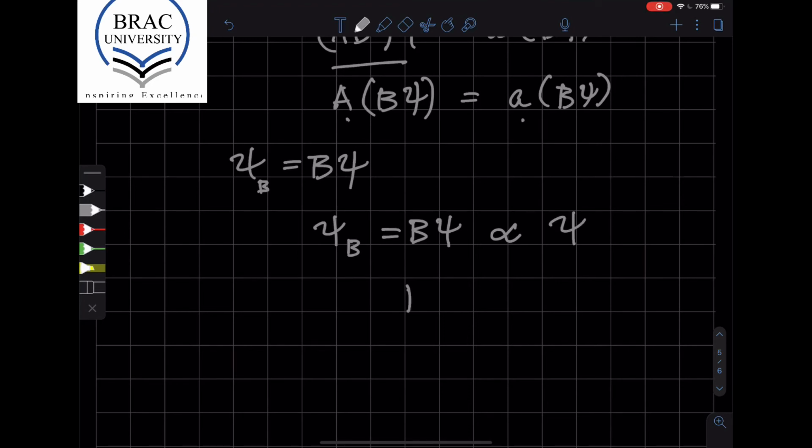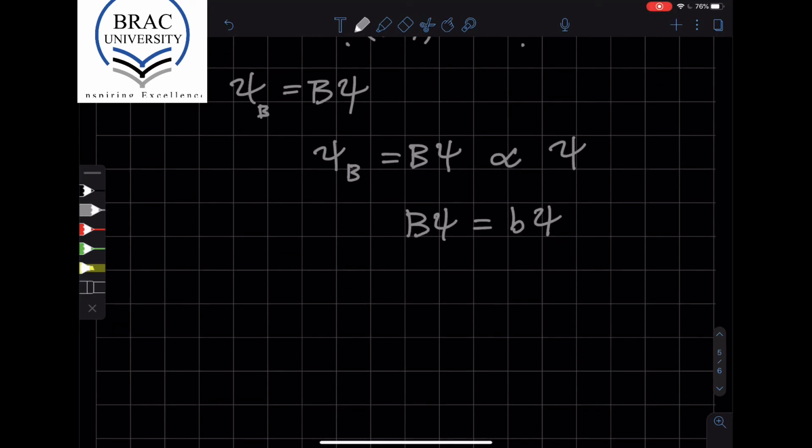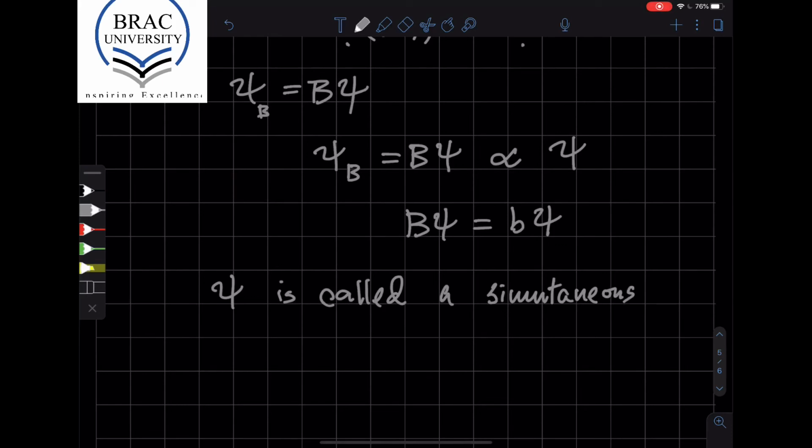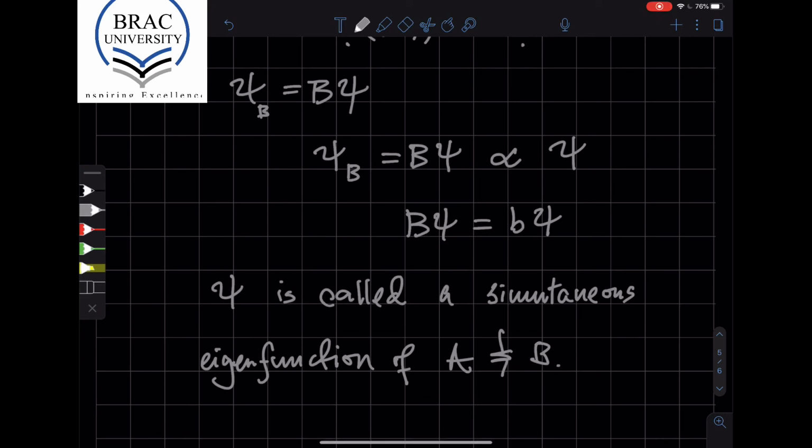And if I write this proportionality constant as small b, we see that psi is also an eigenfunction of the operator B with the eigenvalue small b. So psi is called a simultaneous eigenfunction of A and B. And of course, we have proved the theorem.